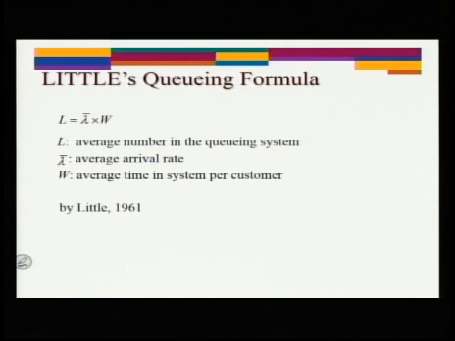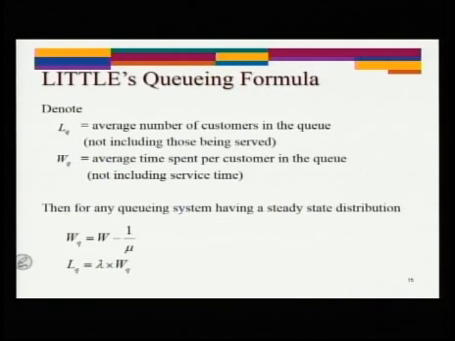With a small modification here, we can also say LQ instead of L and WQ instead of W. So LQ is the average number of customers waiting in the queuing line. That doesn't include the customers who are currently being served.